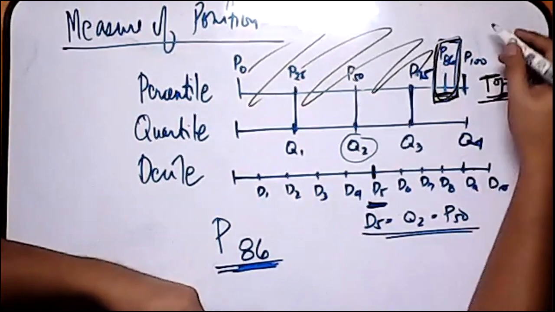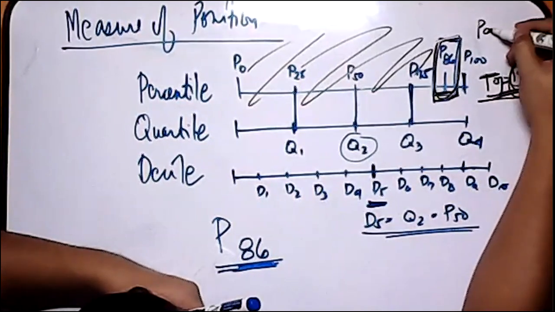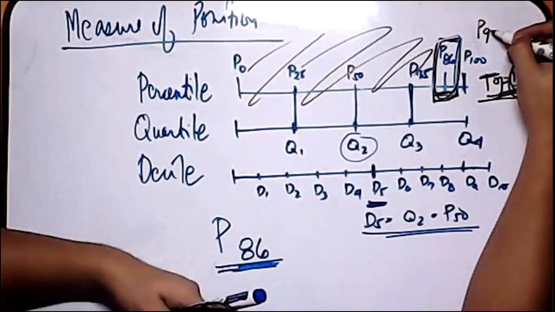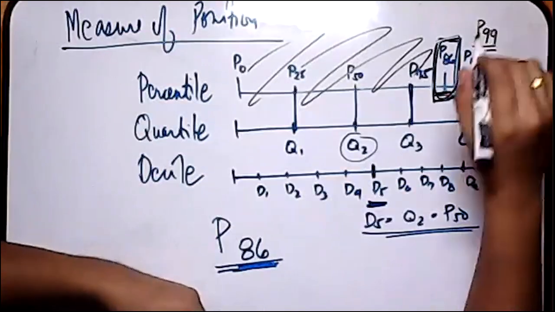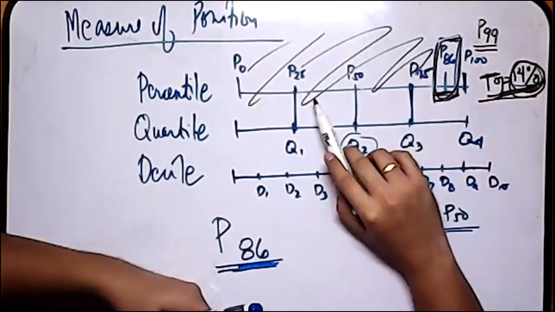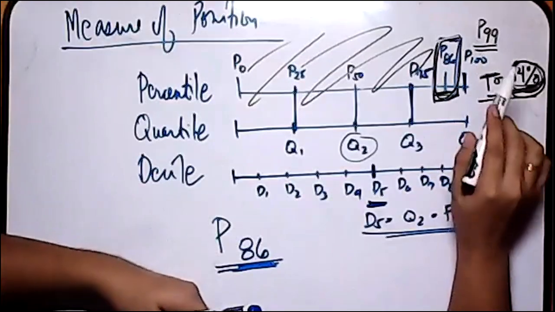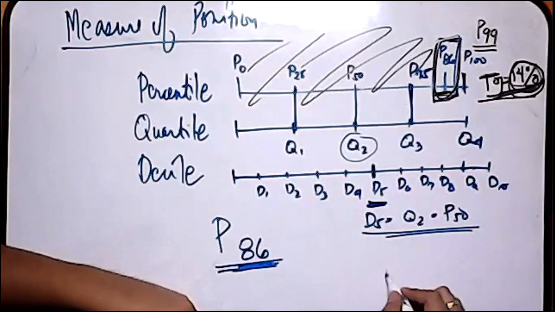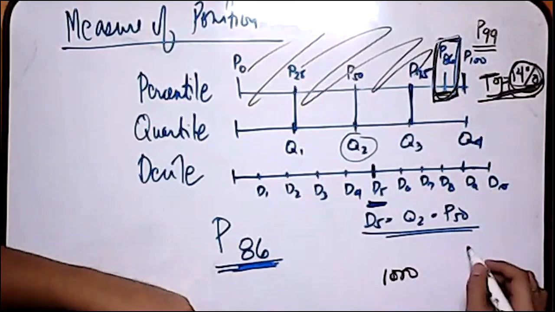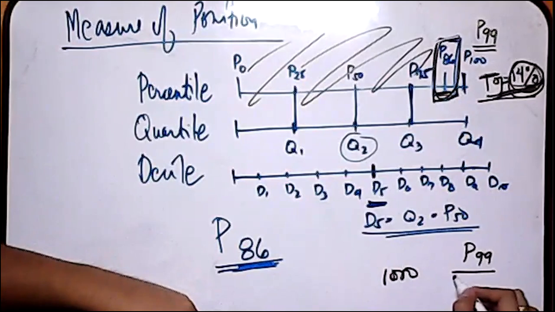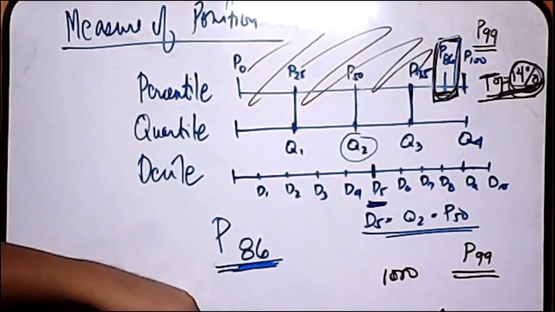Okay? Halimbawa, nasa P99 ka. So, ilang porsyento ng mga estudyante ang nahigitan mo? 99%. In other words, nasa top 1% ka. In other words, kung 1,000 kayong nag-exam at ang score mo ay P99, nasaan ka? You are in the top 10.